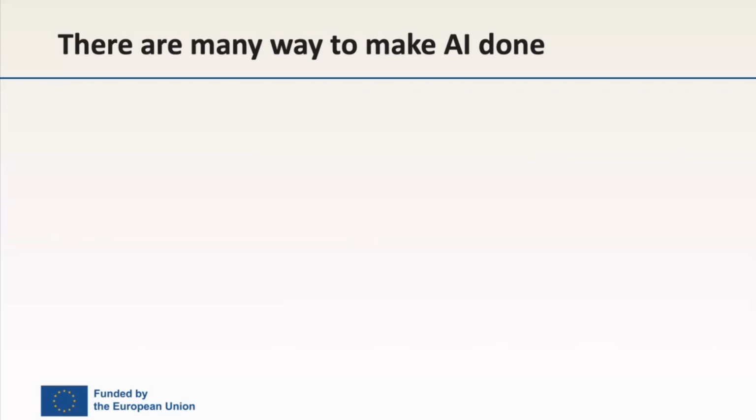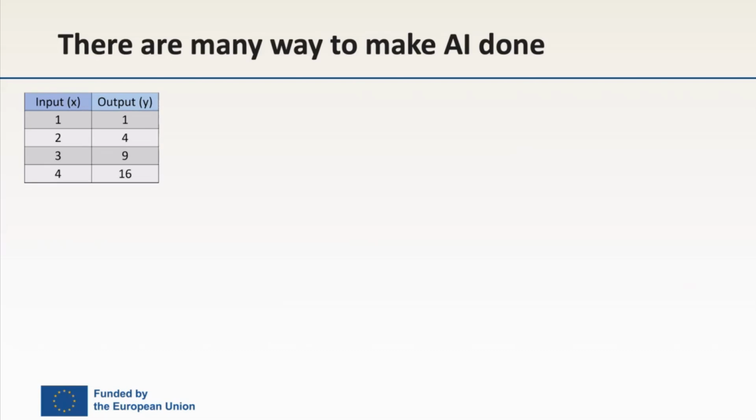To see how we think and try to solve problems as intelligent people, and how machine learning works, let's look at this example. Here, we have X as an input and Y as an output. If we have 1, we get 1; if we have 2, we get 4; if we have 3, we get 9; then 4, 16.